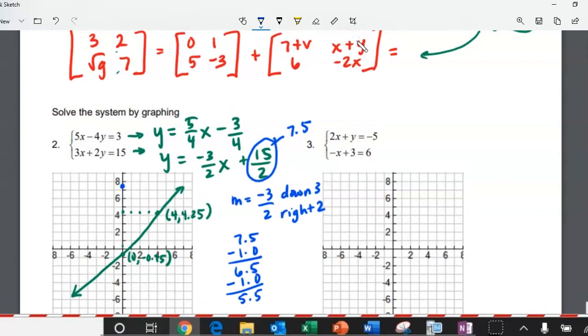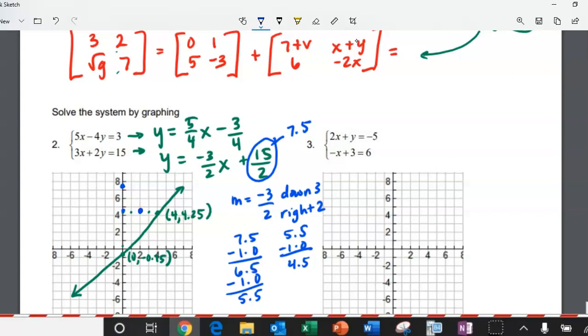I take 1 more away. I'm running out of screen here. I'm at 4.5, and that should make sense, right? So I was here at 7.5. I'm going to go down to 4.5, which is right about here. Put a little dot in the middle, and then I want to go 2 to the right. So from here, I'm going to go 1, 2, and be right there.